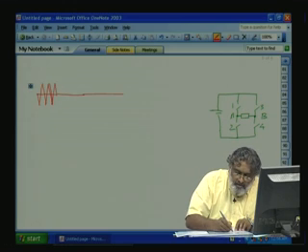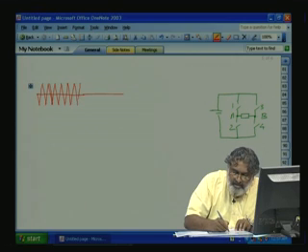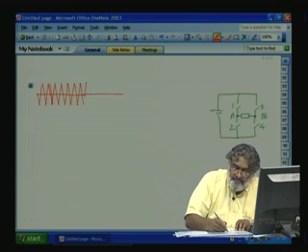So here also we will use a triangle waveform, where the frequency of this carrier waveform is much higher than the sine wave. Okay.